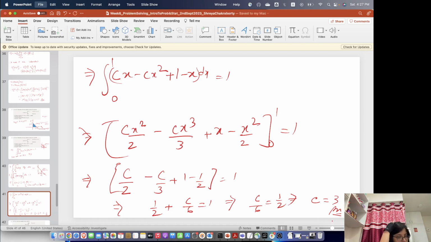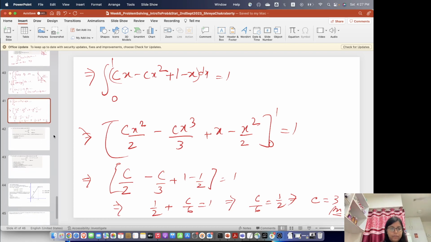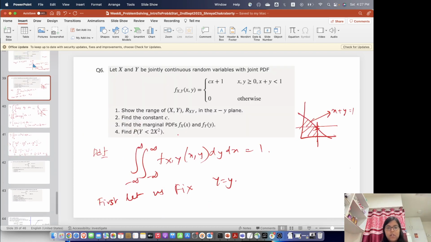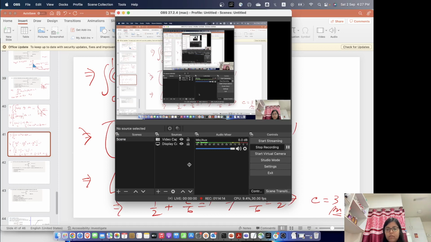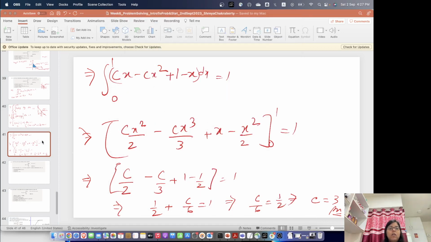So we have c equals 3. Now, what was the next question? Find the marginal PDFs f_X and f_Y, and we have to find out this area, that y is less than 2x squared.